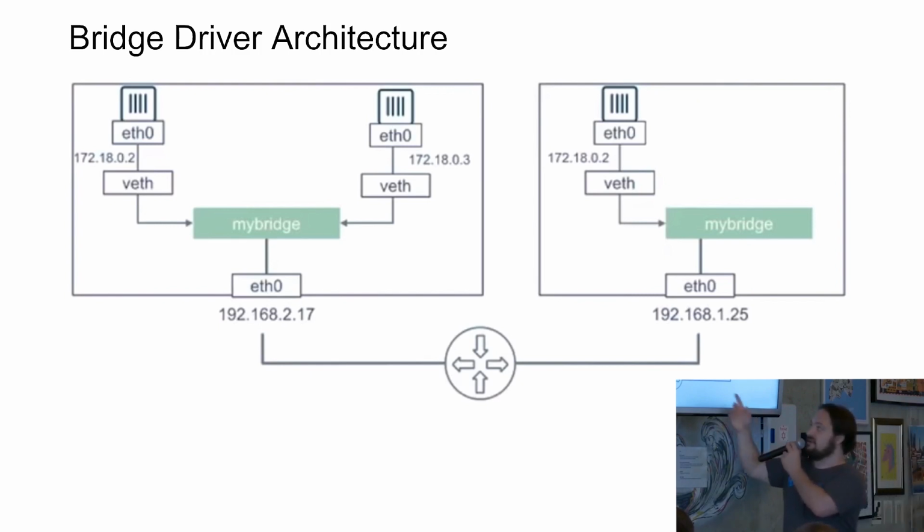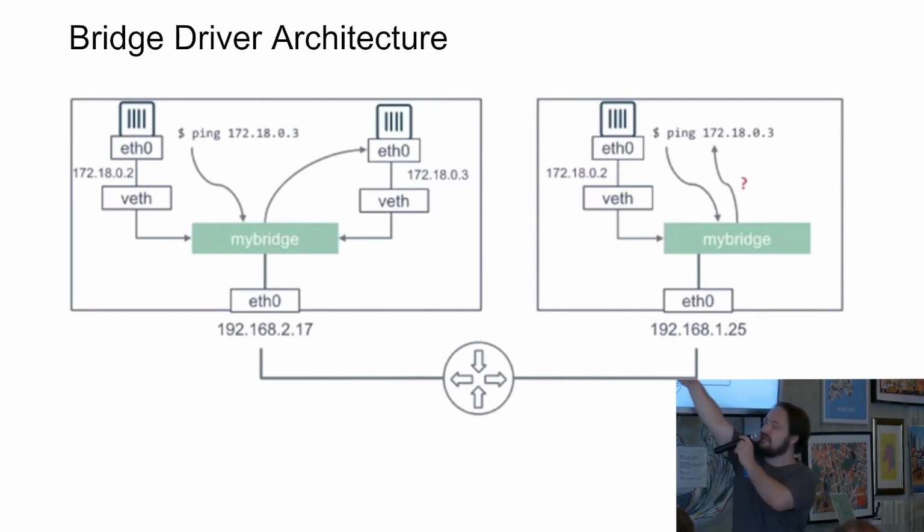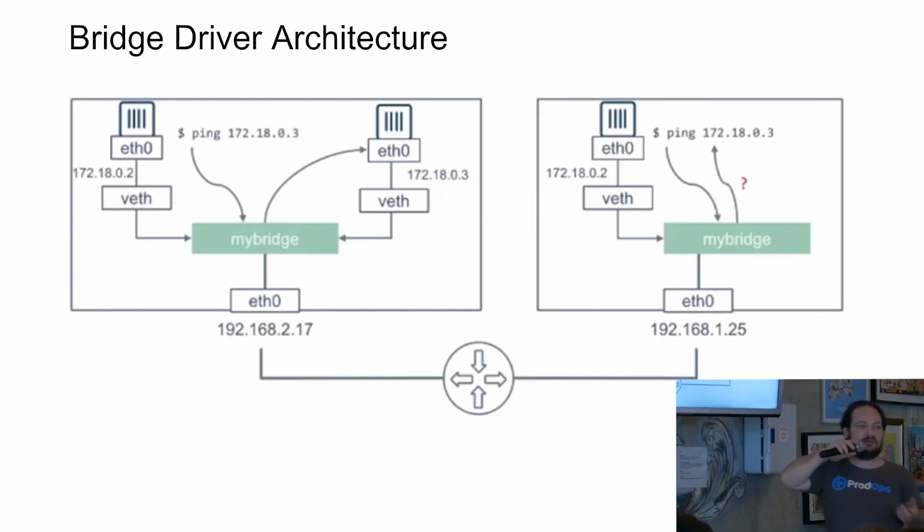And then you have your external network, like the internet or something. Now what happens when this container tries to ping this other container? Can it do it? No, you have to expose the port.